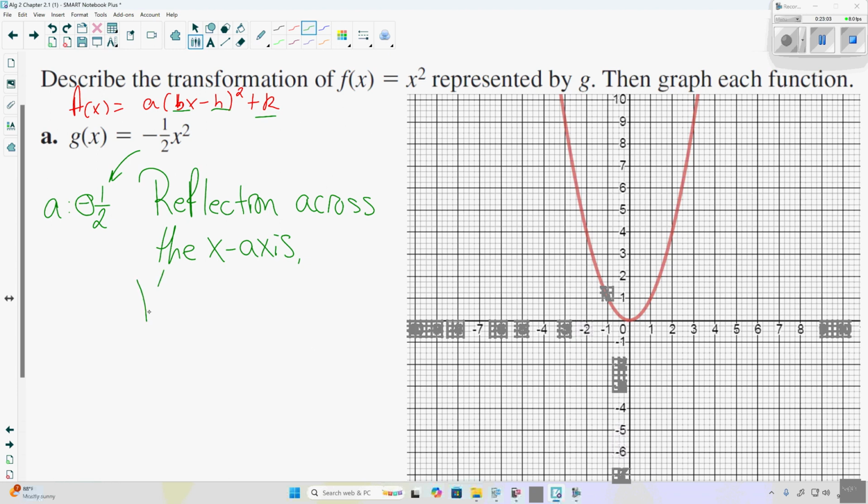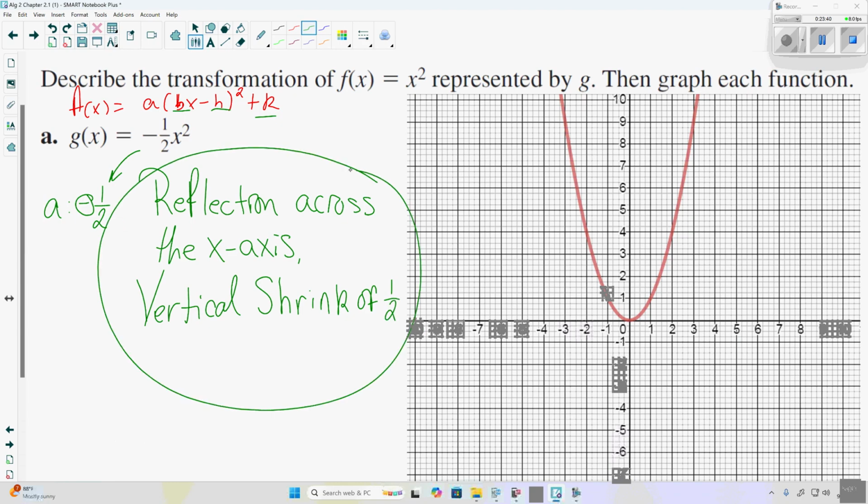Now, because we do have a 1/2, it is going to be a vertical stretch or a vertical shrink. It's a vertical stretch if a is greater than 1. It's a vertical shrink if it's between 0 and 1. So we're not looking at the negative 1/2. We're just looking at the 1/2. Is 1/2 bigger than 1 or between 0 and 1? It's between 0 and 1, which tells us we have a vertical shrink of 1/2.